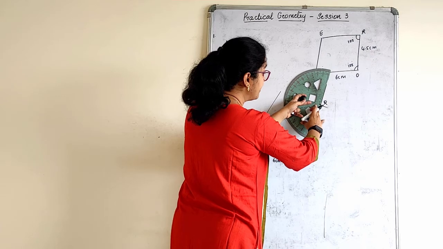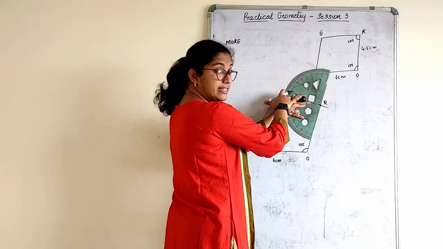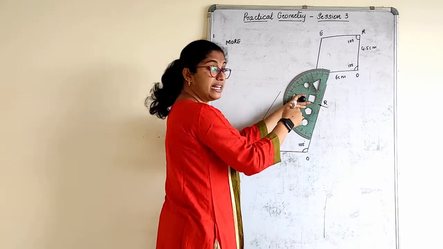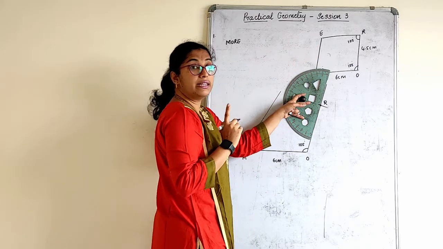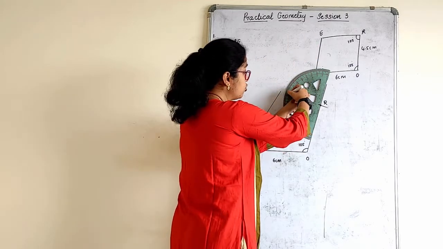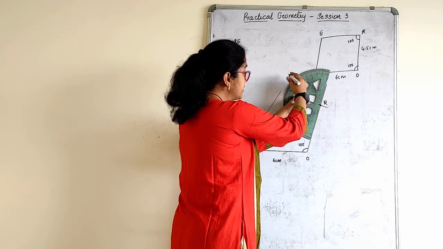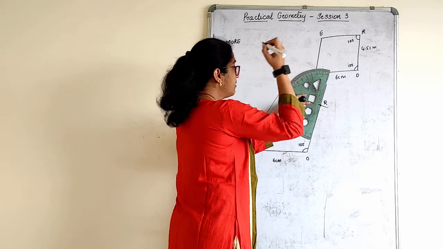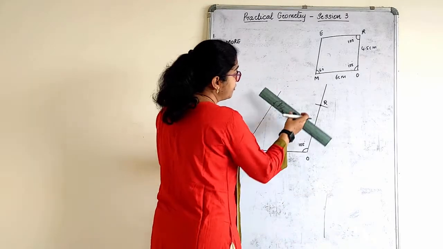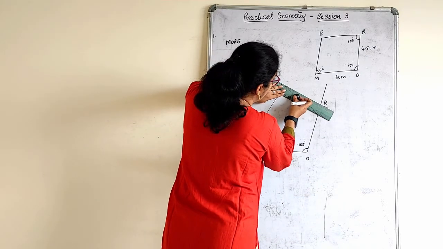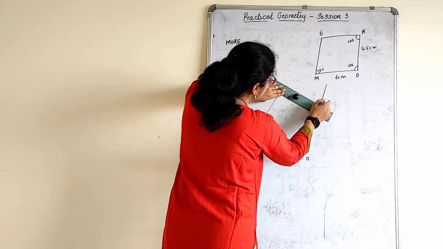Now where is your 90 degree? First see, 90 is here. If I come this side, less than 90. If I go this side, more than 90. Obtuse angle. So 90 is here, 100 is here, 105 will come here. Right? To that 105, from here, I will draw a line.